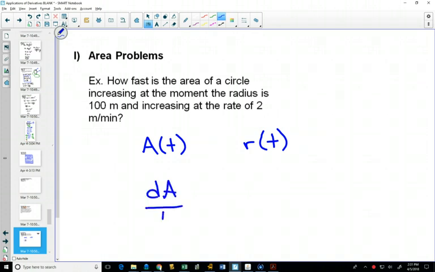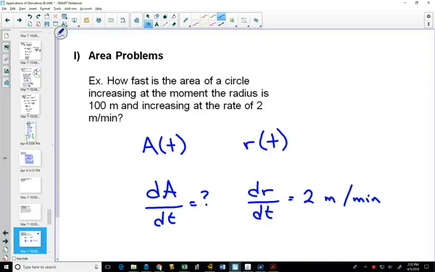We want to find how fast the area is changing with respect to time. So this is the thing we want to discover. We know that the radius changes with respect to time at a rate of 2 meters per minute.